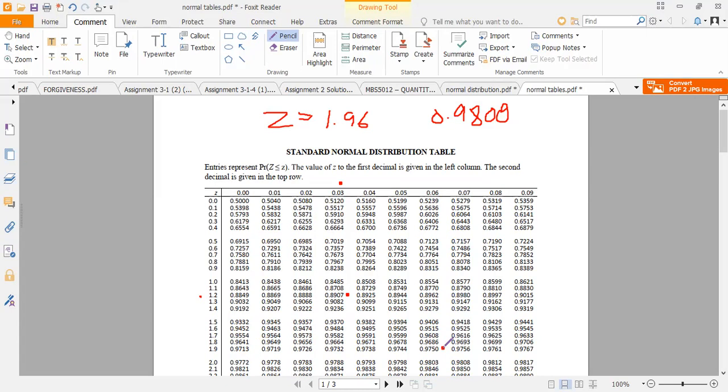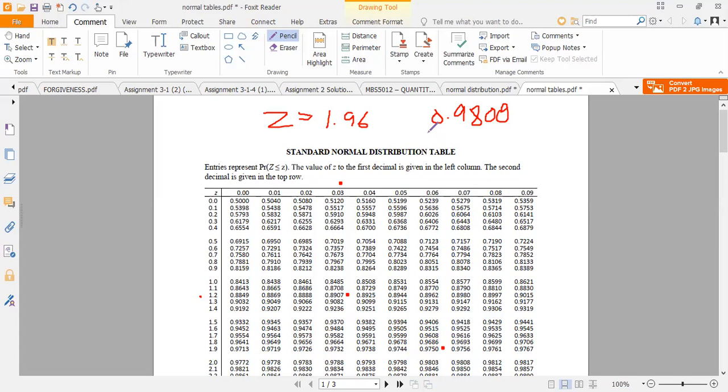That is the probability of 1.96. If I asked you to give me the Z for 0.9750, you would still tell me it is 1.96. Even if I said 0.9751, the closest is still 1.96.